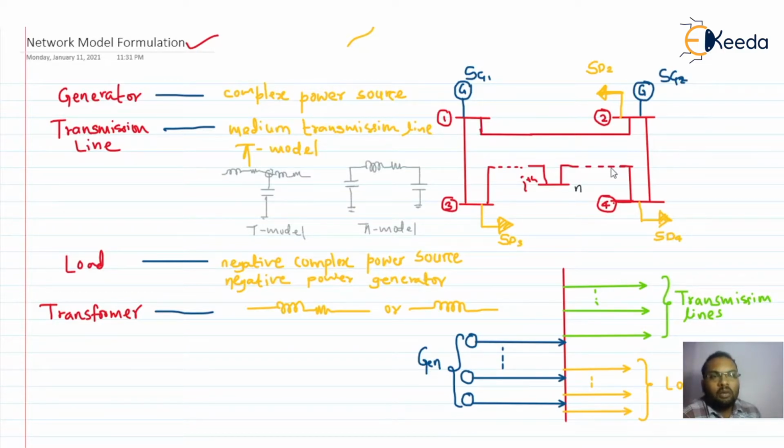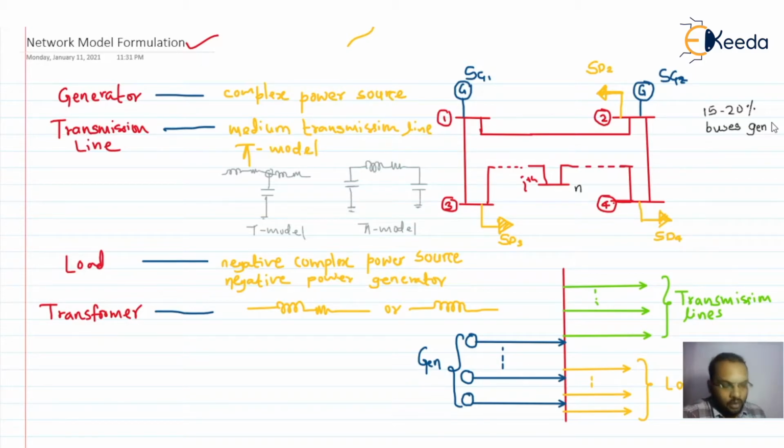Now in this power system, not all buses will have a generator. If I talk about the power system of India, you will find around 15 to 20% of the buses will have a generator connected on them.